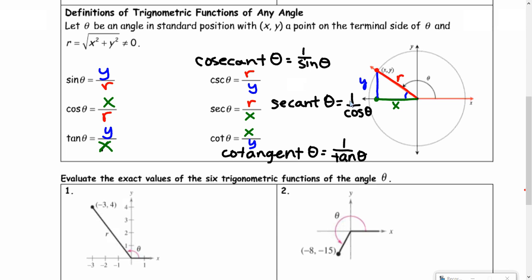And then these 3 right here, they're all flipped. We call them the reciprocal functions. The reciprocal trig functions are the cosecant, secant, and cotangent because they are the flip of the sine and the cosine and the tangent.